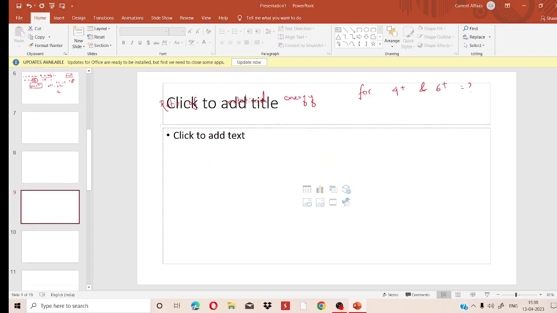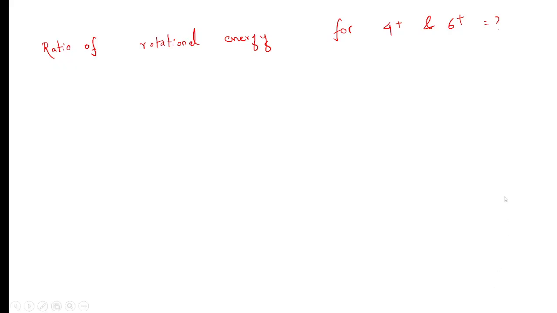So next question says, what is the ratio of rotational energy for... So rotational energy is actually given by this formula.